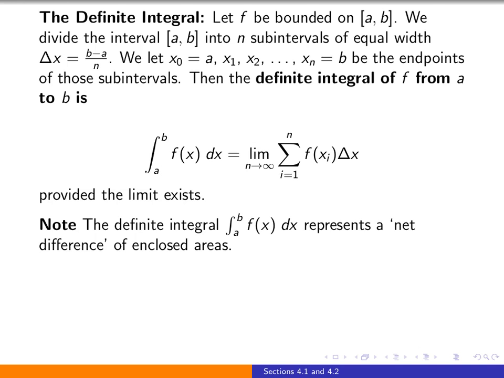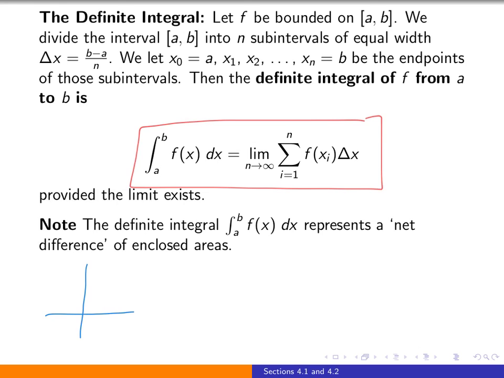So kind of just summarizing what we had on the previous slide, going back to this key formula, I want us to think about that the observation is the definite integral represents what I will call a net difference of enclosed areas. And let me illustrate this with two pictures.